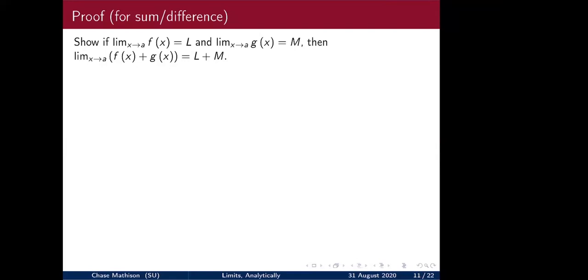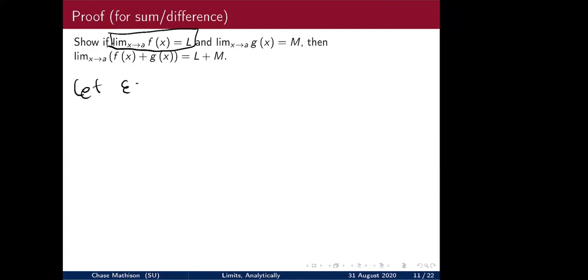So we want to show that if the limit as x approaches a of f of x is L, and the limit as x approaches a of g of x is M, then the limit as x approaches a of f of x plus g of x is L plus M. Okay, so first of all, we're going to write down what we know.